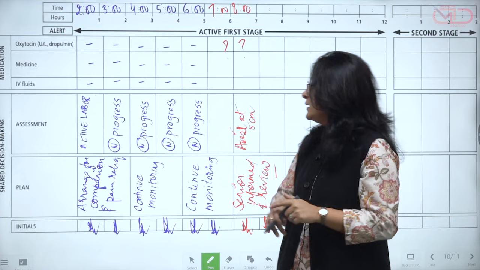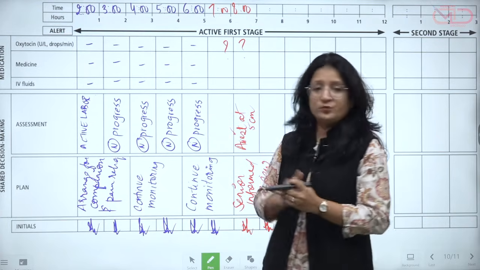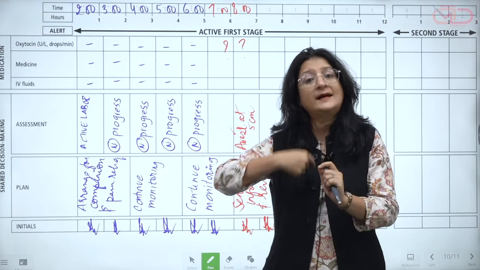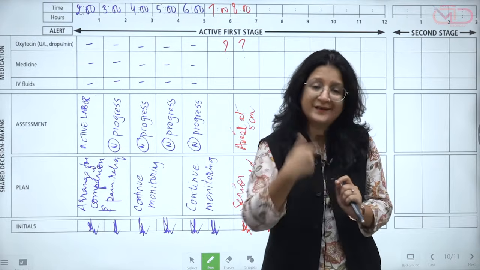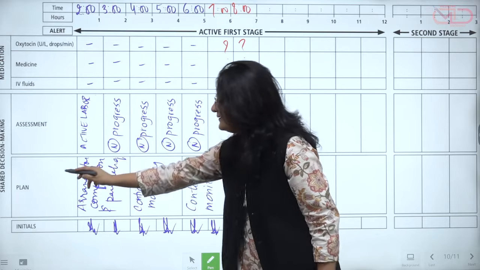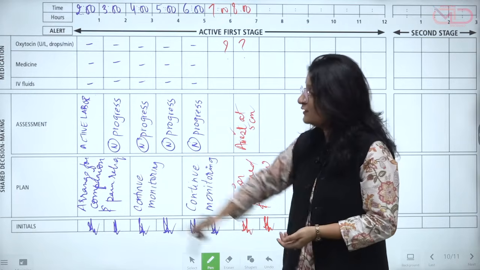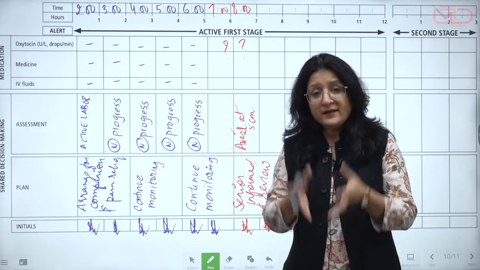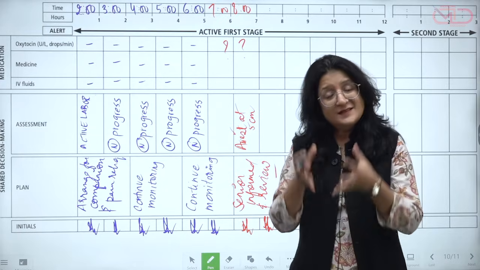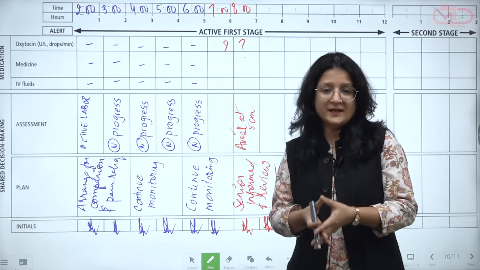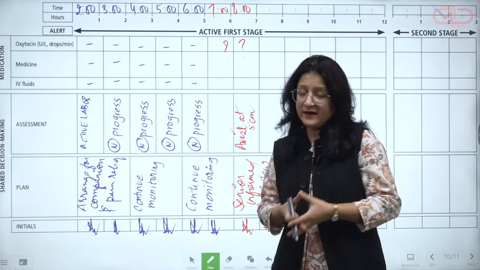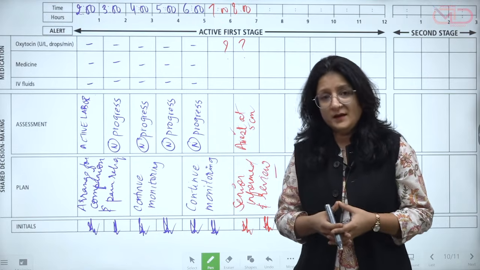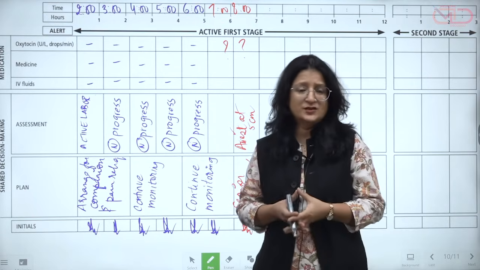At each time, the assessment has to be made, the alert points need to be identified and communicated to the obstetric team, and a final plan for the woman needs to be made, which is a part of the shared decision making protocol. Now this is how the next generation partogram is different than what we've been using, that is the WHO modified partograph.